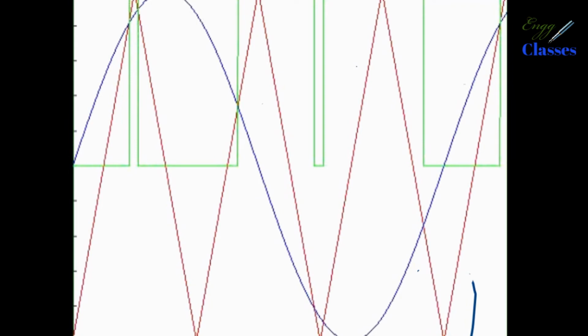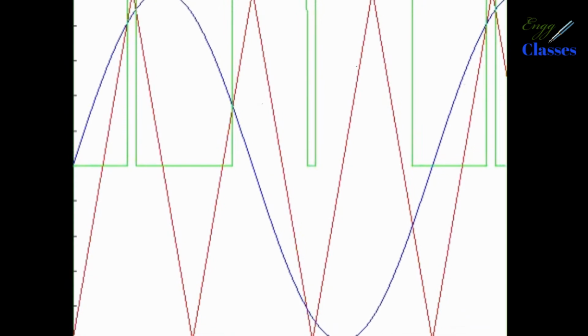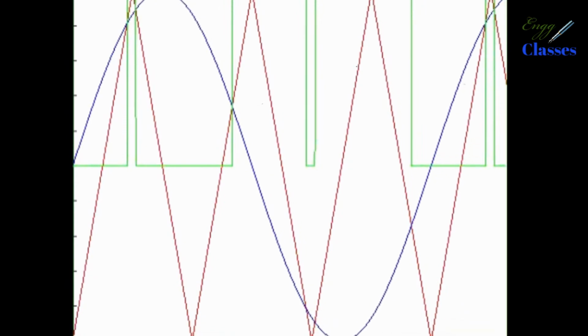If you look at this waveform, here we have three different pulses. This is P1, the first pulse that was produced, this is P2, and this is P3.